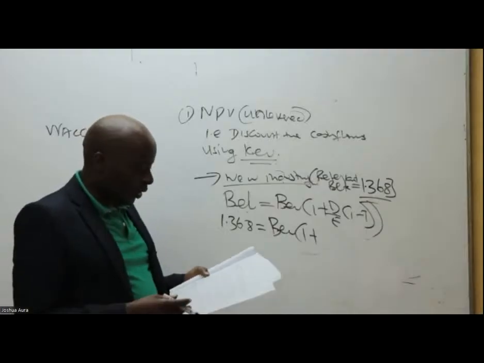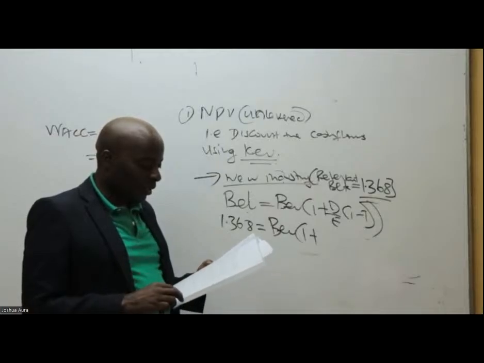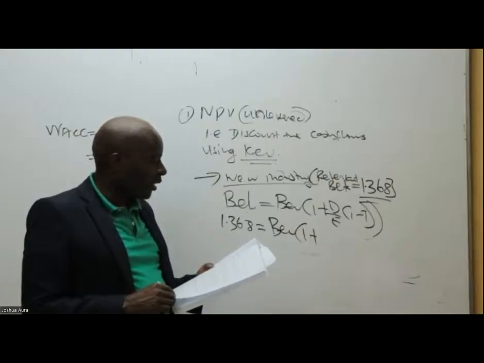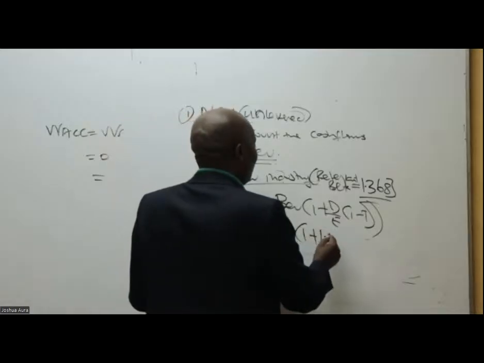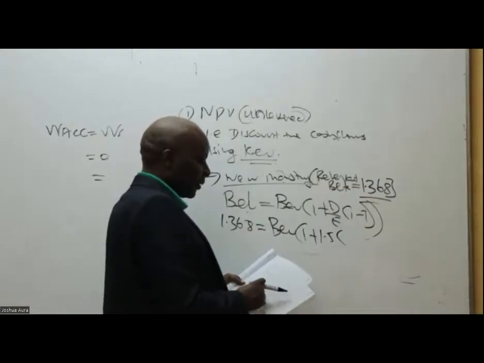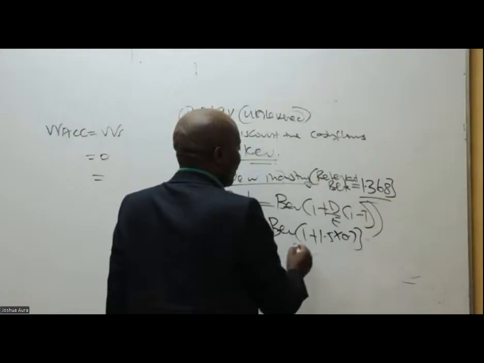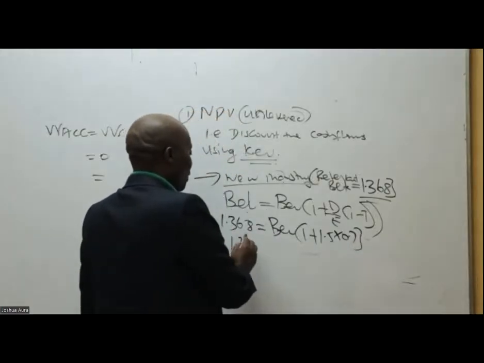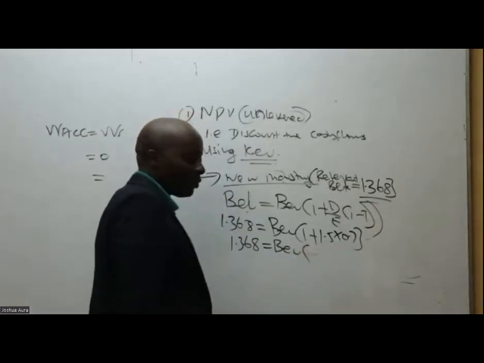All right, they're telling me it's 1.5. So what is the tax rate? The corporation tax rate is 30%, so this should be 0.7. So then 1.368 equals the unlevered beta times this and this.